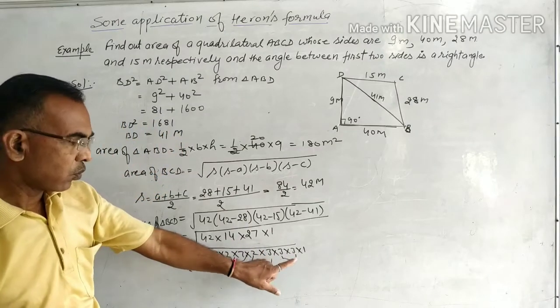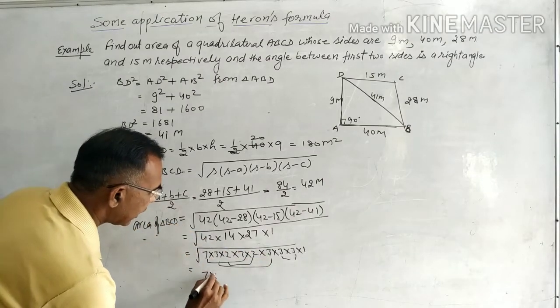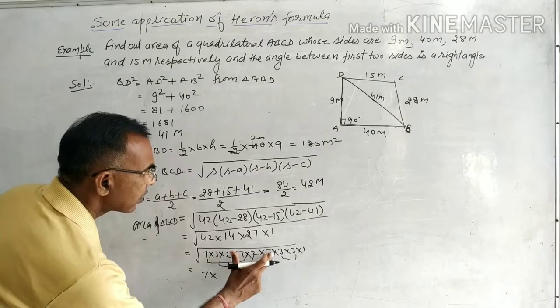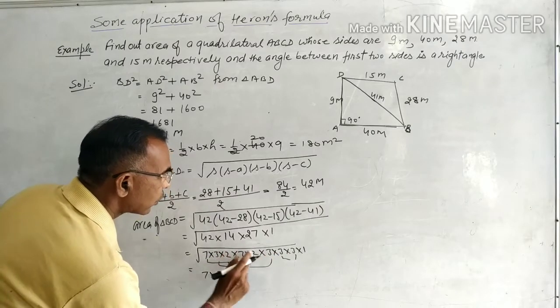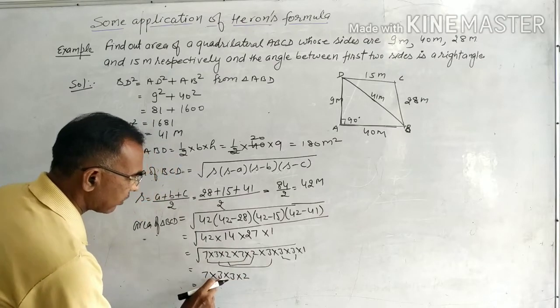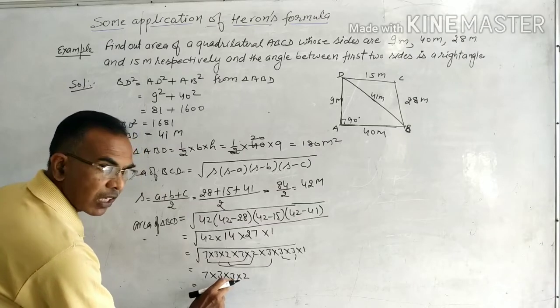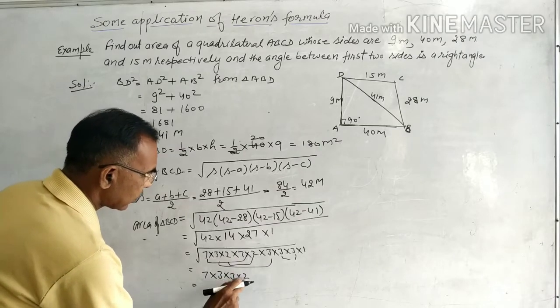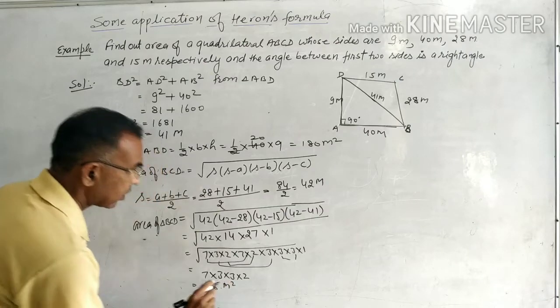We write one digit of each pair. So 7 into 3 into 2. Now multiply: 7 times 3 is 21, times 3 is 63, times 2 is 126 meter square.